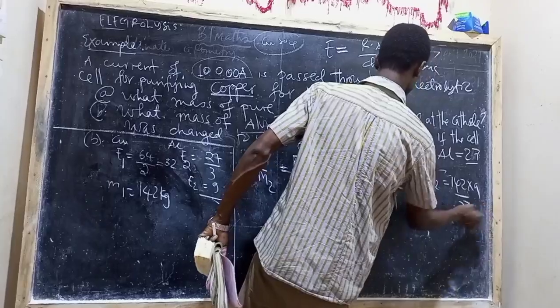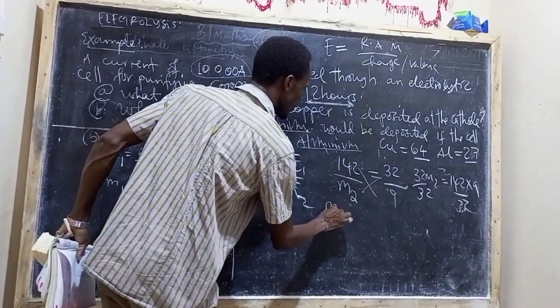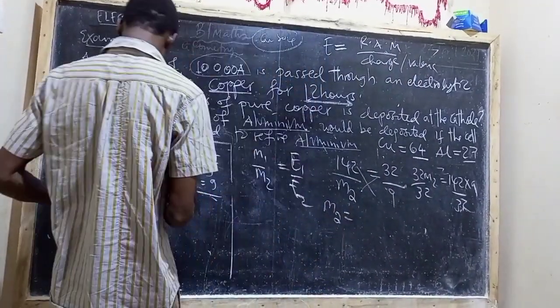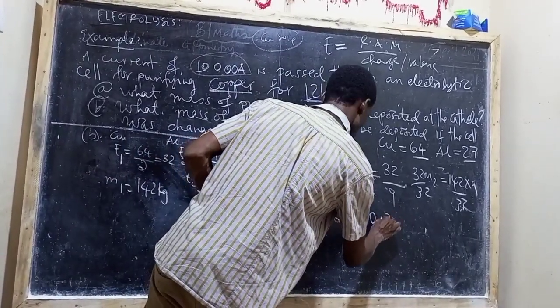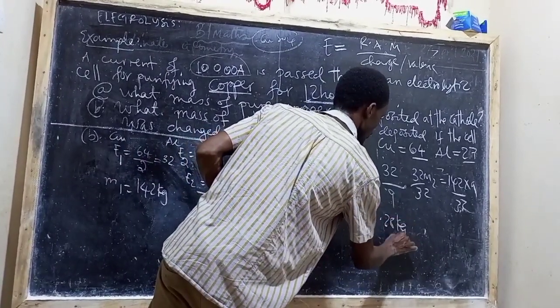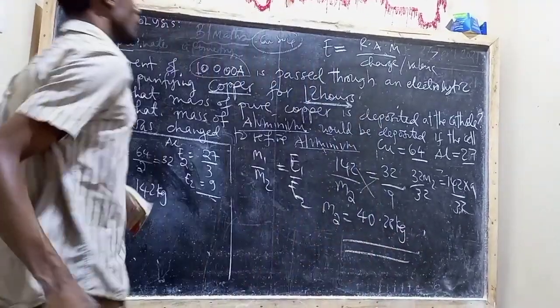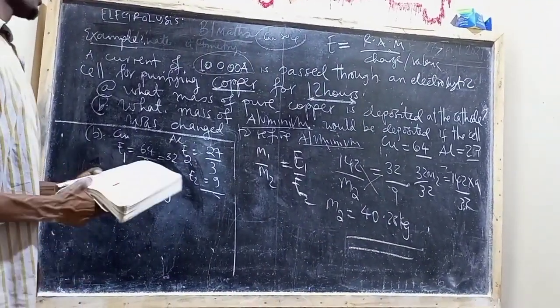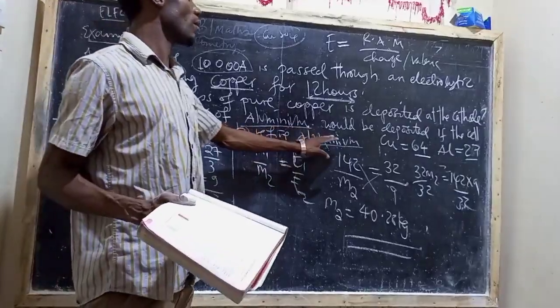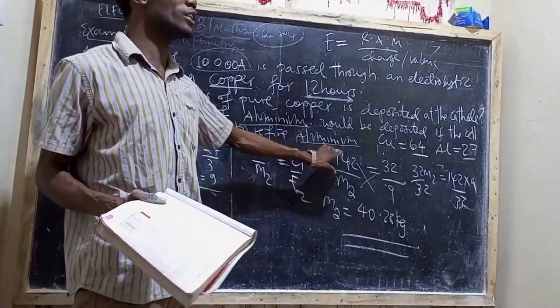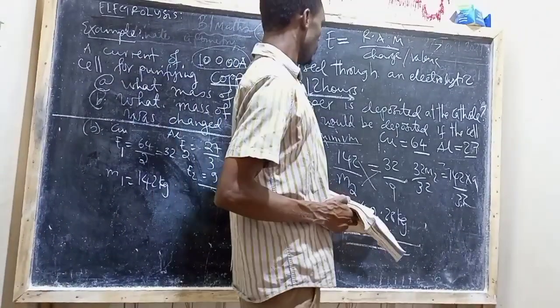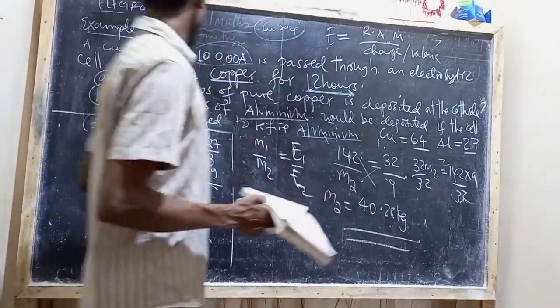The second mass is equal to 40.28 kg. Now the mass of aluminium that would be deposited if the cell was changed to refine aluminium is 40.28 kg.